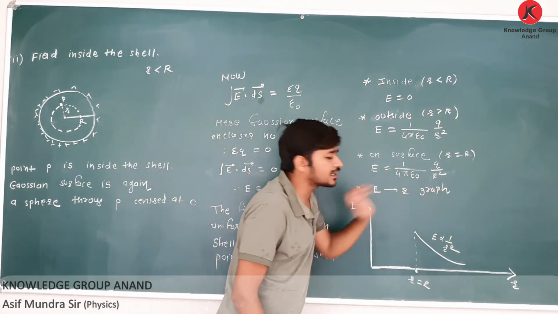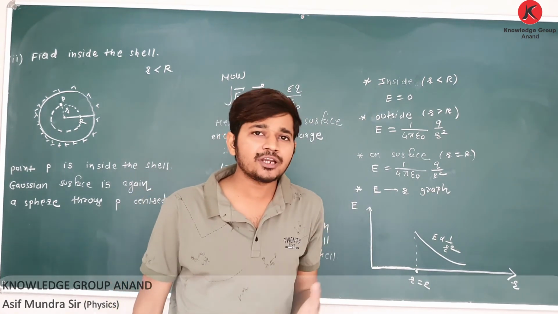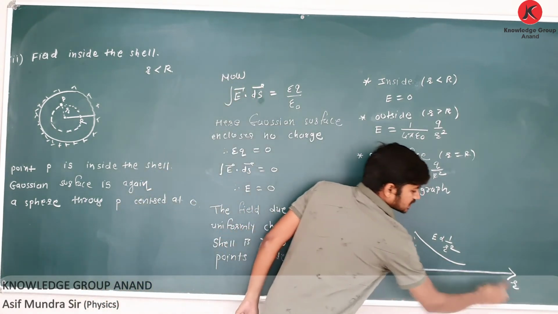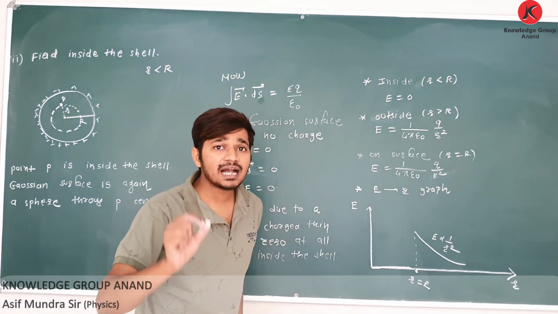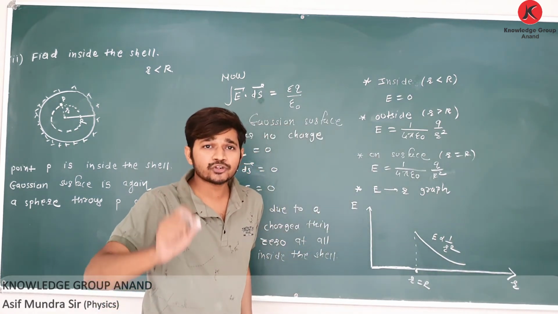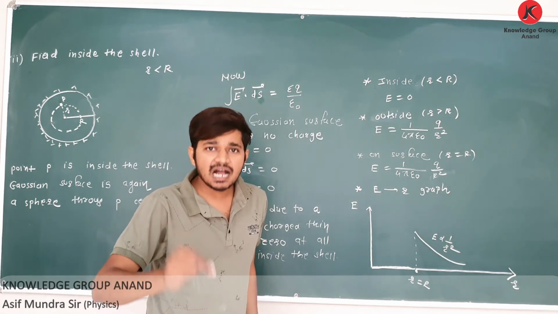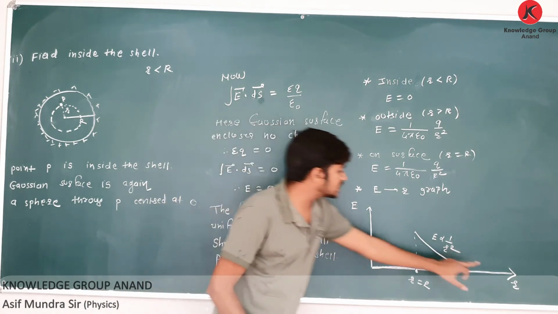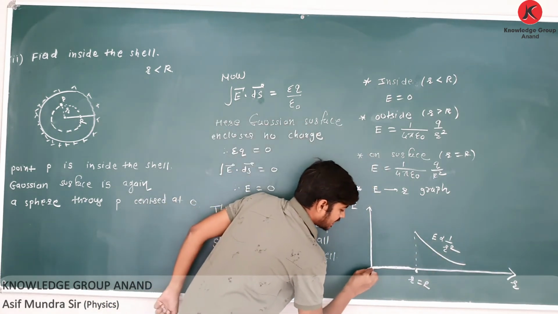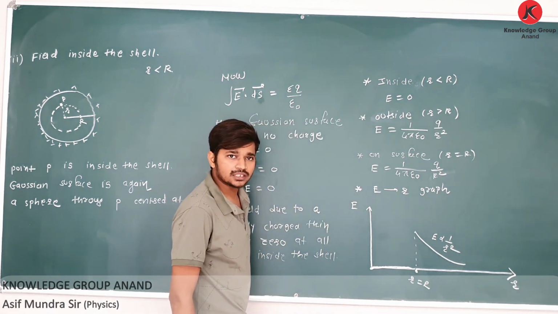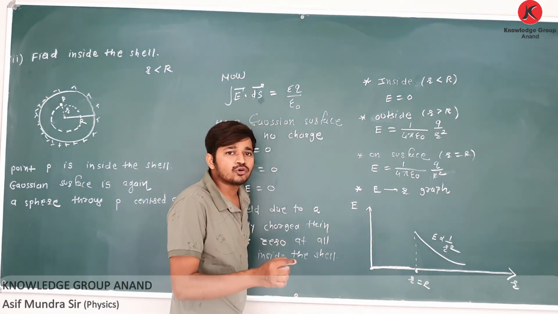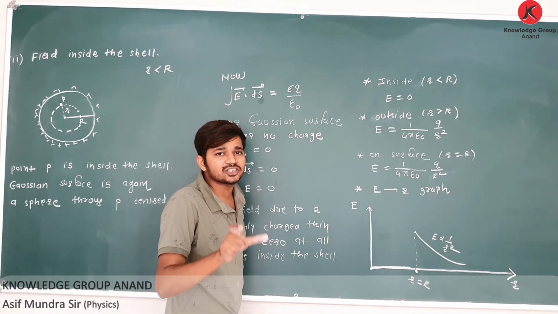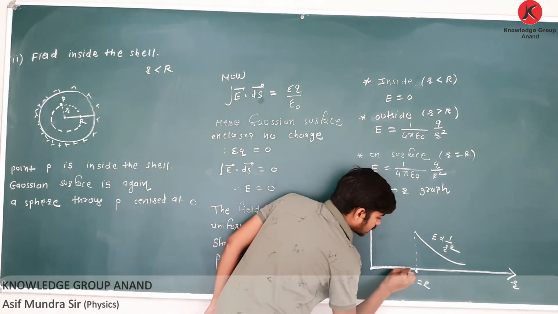Now E versus r graph. What is the variation of electric field with distance? So see, it is E versus r. Remember, small r is distance from center. Here, it is center, center means r is equal to 0, to r is equal to capital R. This region is inside the shell, and inside the shell electric field is 0.